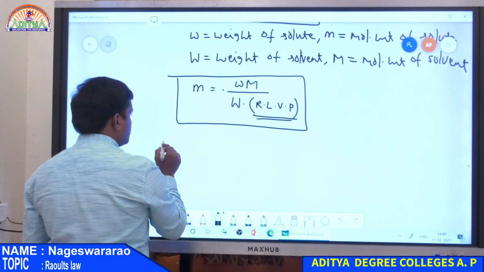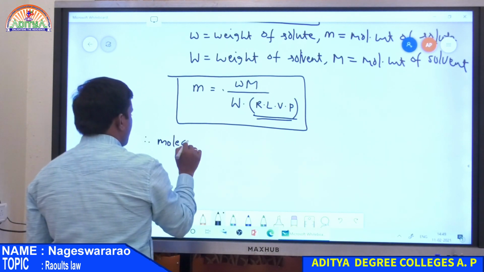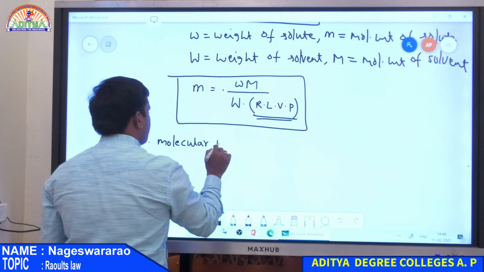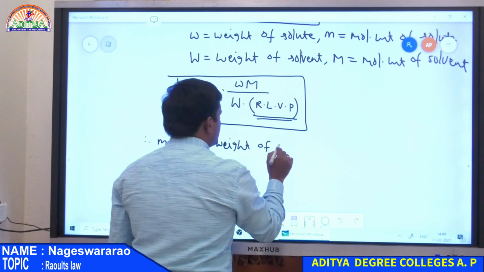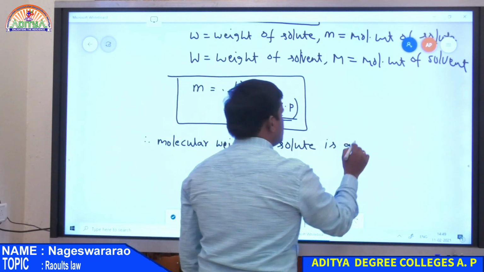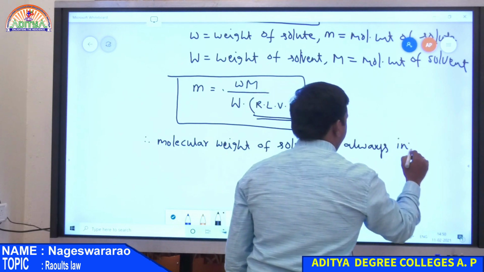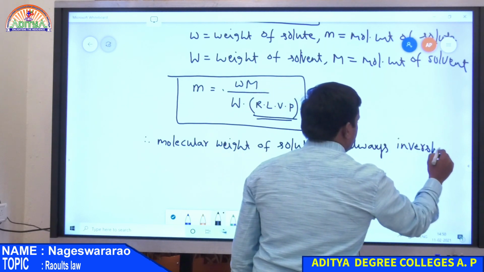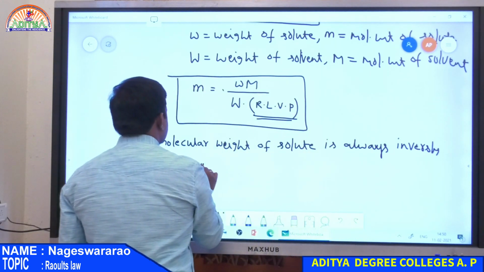Therefore, final conclusion: molecular weight of solute is always inversely proportional to colligative properties.